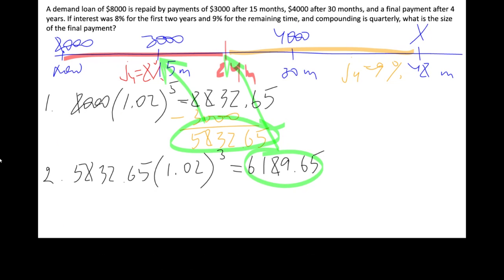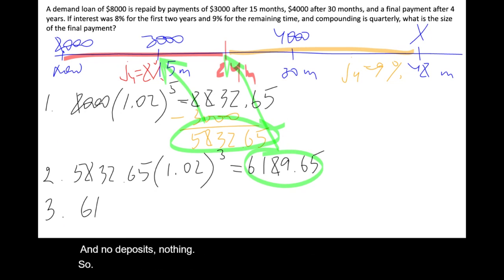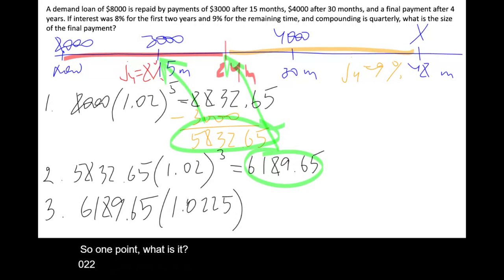Okay, very good. So step 3. We are now at the point of 24 months, and no deposits, nothing. So interest rate change only for the next 6 months, right? So 1 point, what is it? 0.225. 6 months is 2. So let's see.